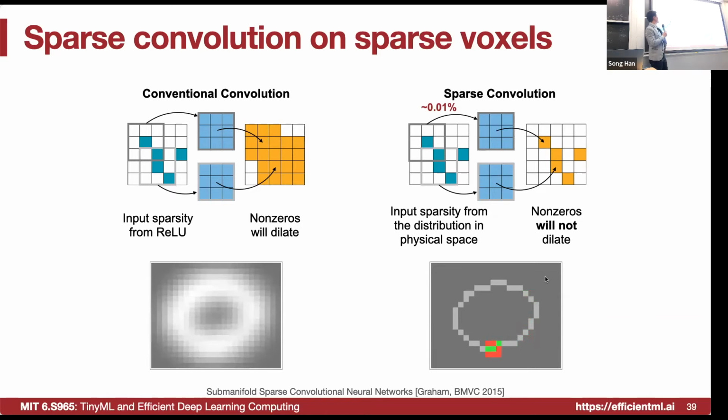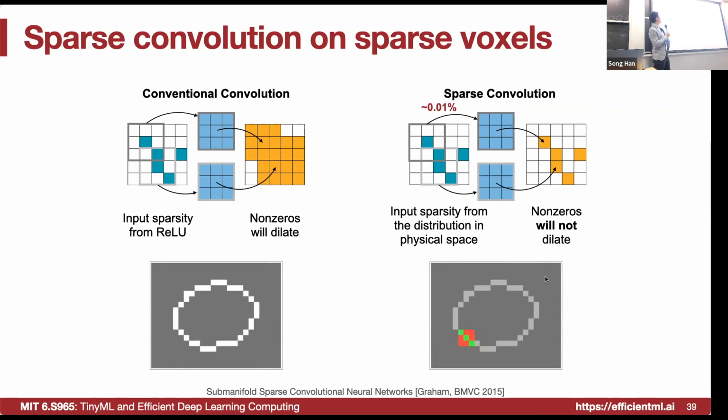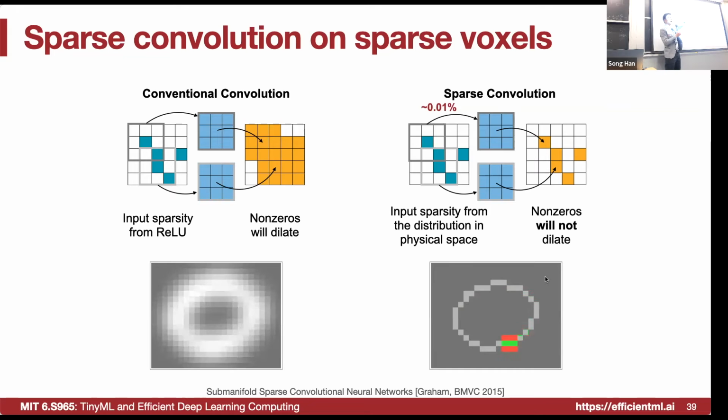As long as one of the locations in the kernel window is non-zero, the output will become non-zero. So if you compare the sparsity of the input versus the output, the output is always denser than the input, right?